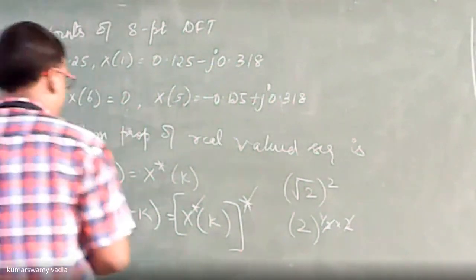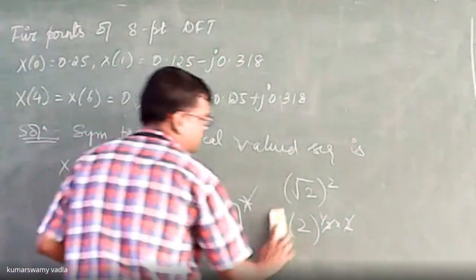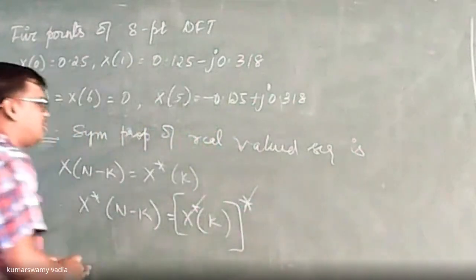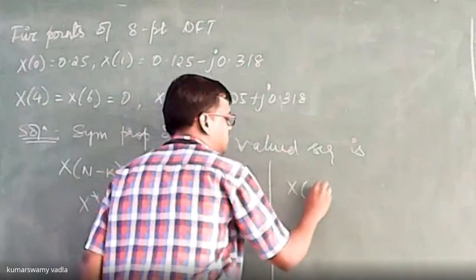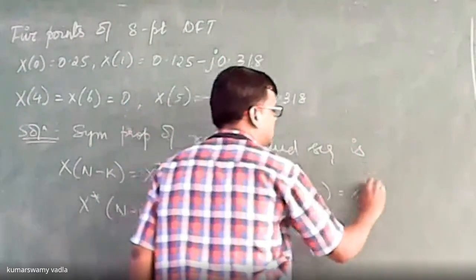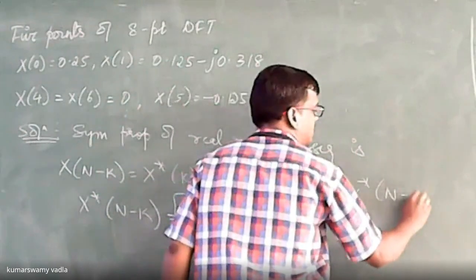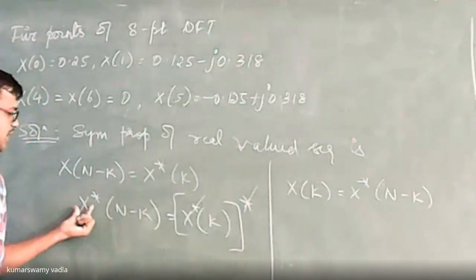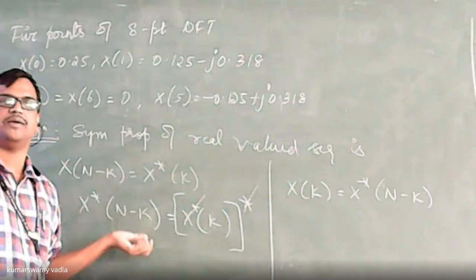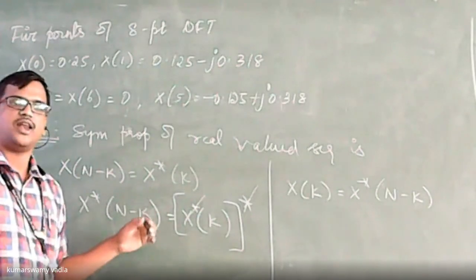Now, having noted down this as a logic, finally, what is the conclusion? X of k is equal to x conjugate of n minus k. Is the point clear?